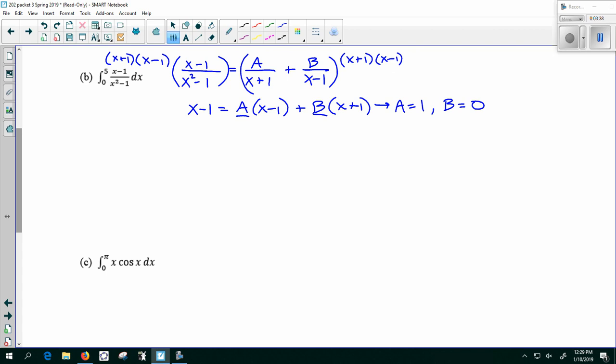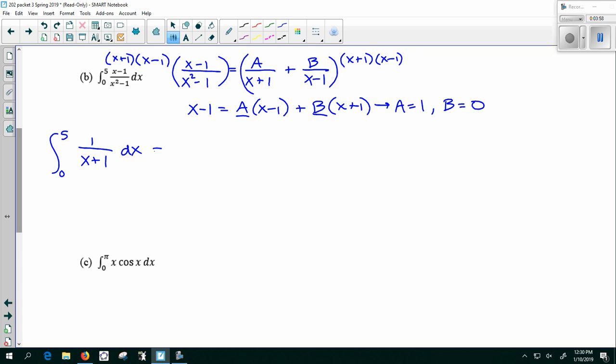So that means I can rewrite this as the integral from 0 to 5. Instead of the given fraction, I'm going to break it into these two fractions, one of which has a numerator of 0, so it just goes away. So this becomes 1 over x plus 1 dx.